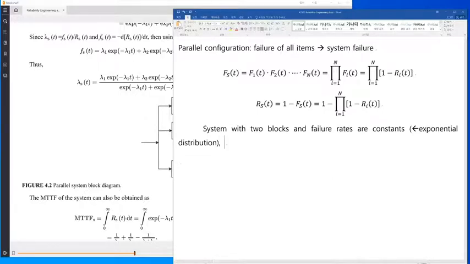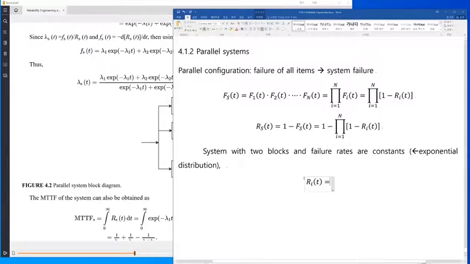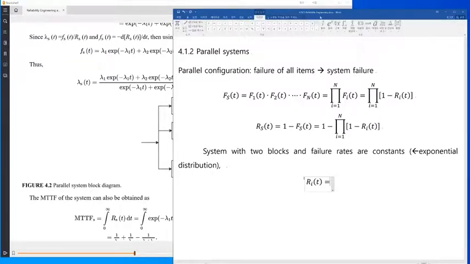So failure rates are constants. The meaning of the failure rates being constants is that the reliability of a component is given as exponential minus lambda i t.